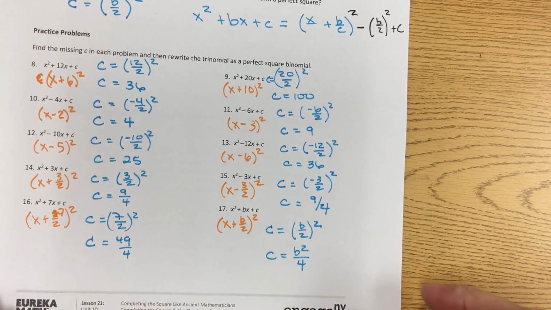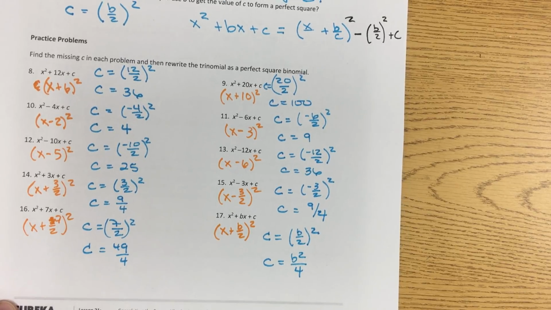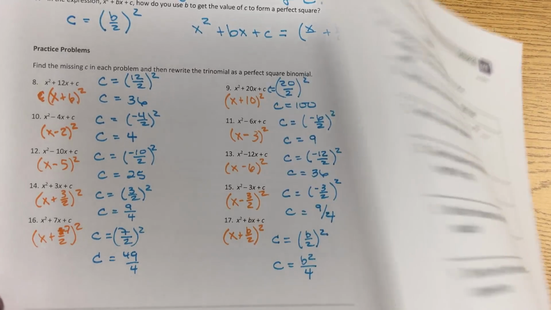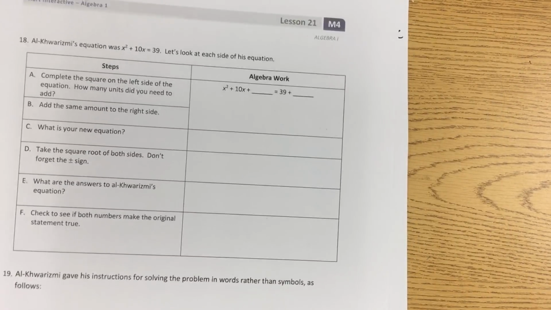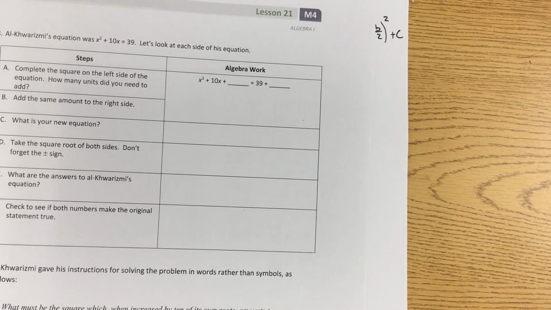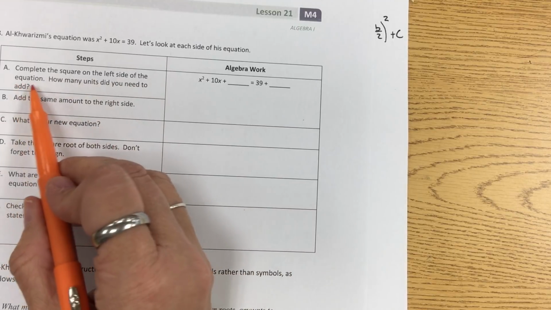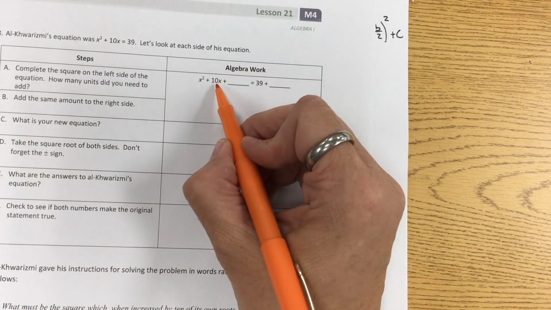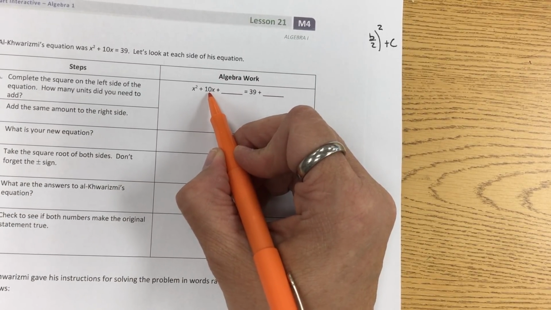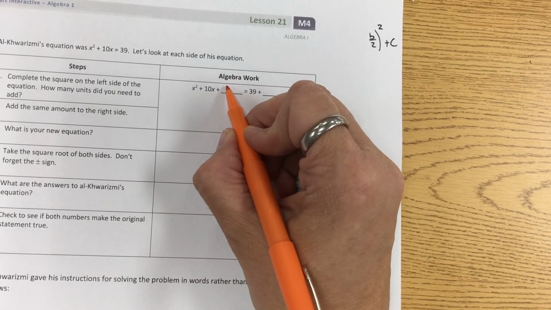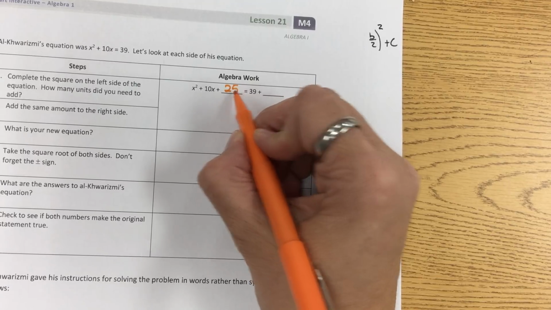So now we're going to go ahead and look at number 18. And let's do this together, okay? So complete the square on the left side of the equation. So we just talked about we take half of this and we square it. So half of 10 is 5, and we square that, get 25.